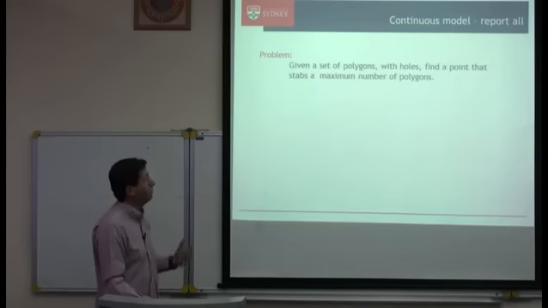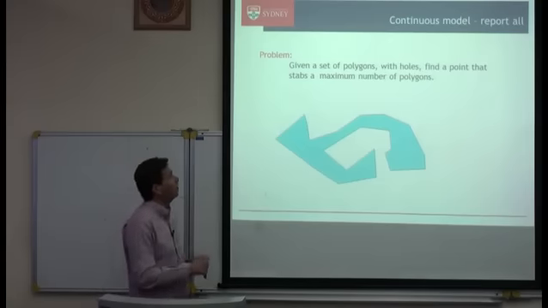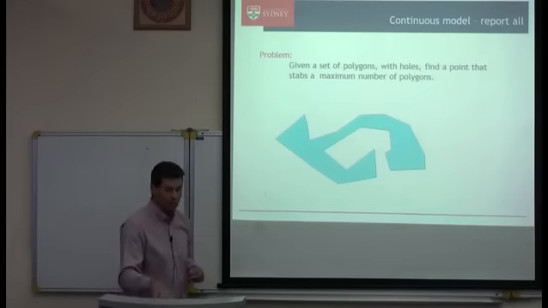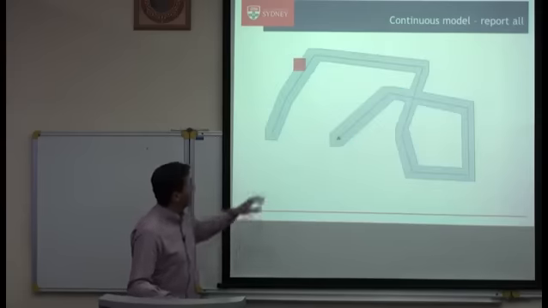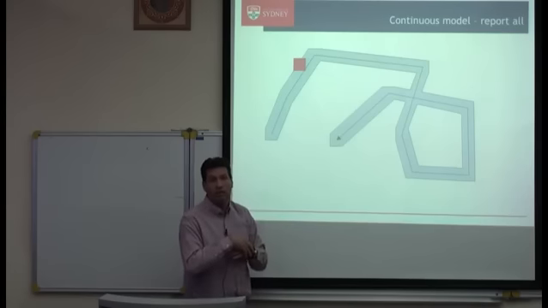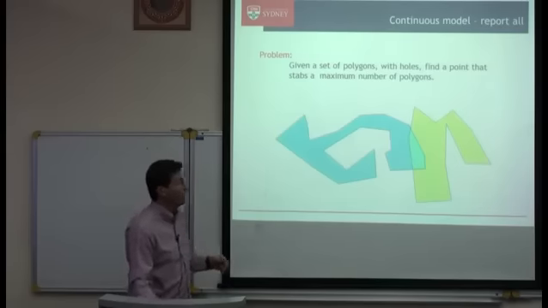The problem can then be stated as follows: given a set of polygons with holes, find a point that stabs the maximum number of polygons. You can see each of these trajectories as a polygon.